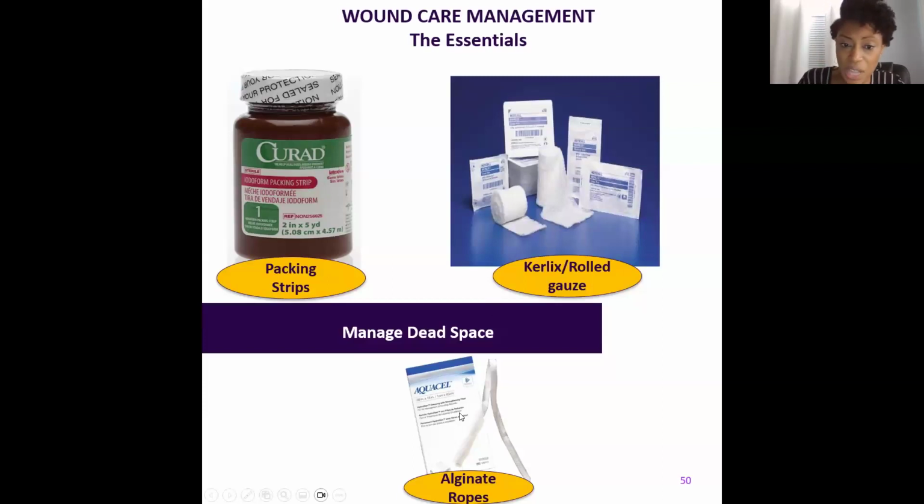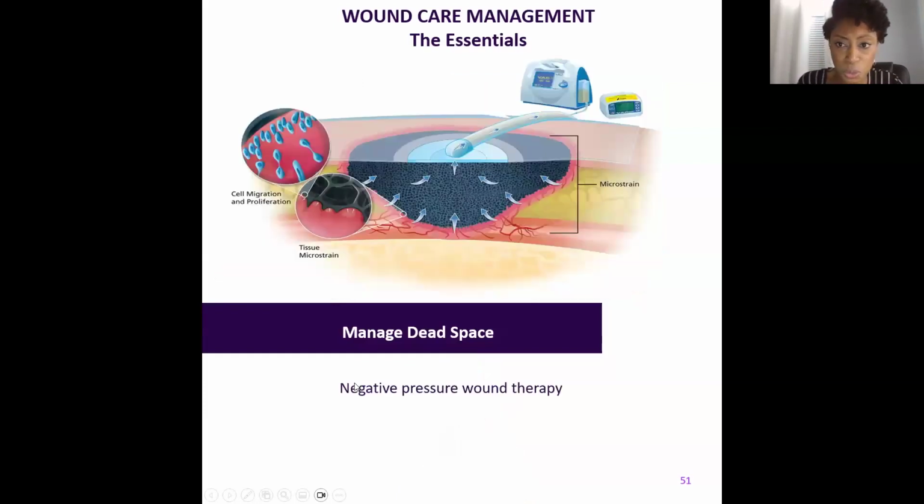Here in the United States, we have alginate ropes, all serving that purpose. The thing about it is that people tend to go a bit crazy with wound packing. So we'll talk about that in a minute. Here in the United States also, we have advanced wound therapy called negative pressure, which is used to address dead space and promote granulation tissue.